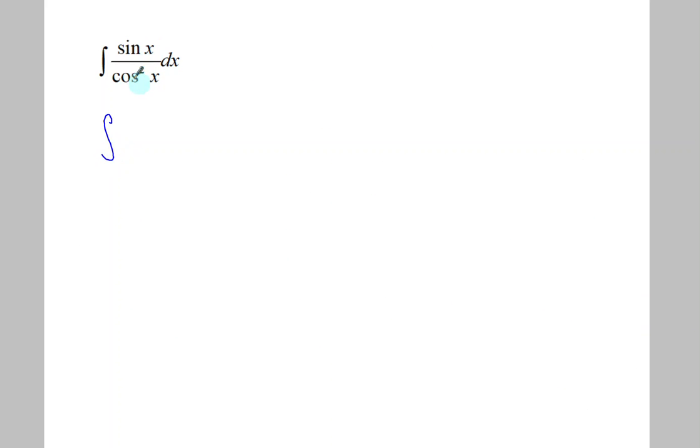So I might think of the fact that cosine squared x means cosine x times cosine x. And then maybe I can rewrite it with the sine x over one of those. So let's see, 1 over cosine x times sine x over cosine x. Now, I cannot do one antiderivative at a time unless it's a sum or difference. This is a product.